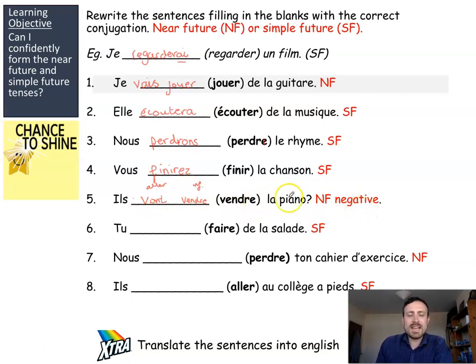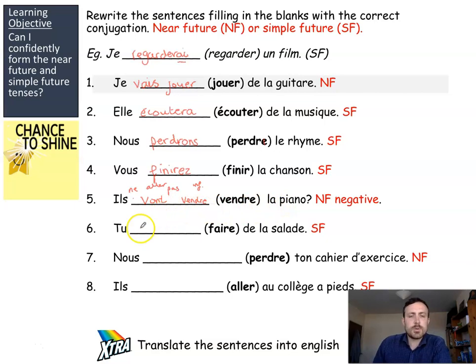But we now want to make it negative, and as I explained earlier, the ne and the pas go around the aller part. So it's ils ne vont pas vendre le piano, and it's a question, so the intonation goes up at the end. Ils ne vont pas vendre le piano? Are they not going to sell the piano?